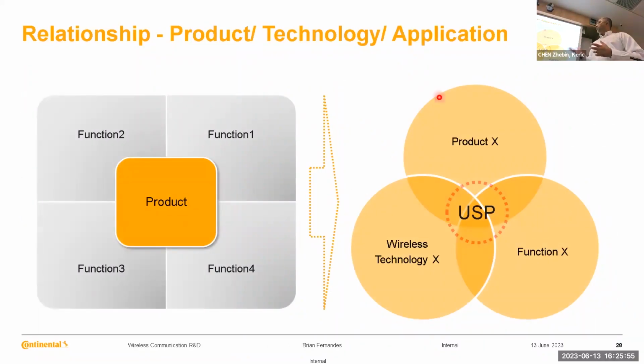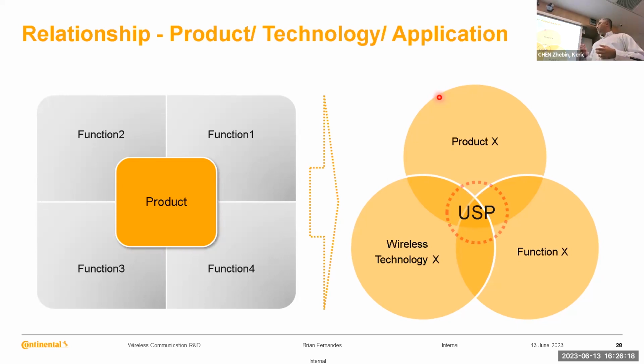So it's important, before we go into the constraints, to understand that you can have multiple functions in a product, and each product can have a lot of different functions. But the really unique selling point that we want to provide would be at the intersection of what is a product, what is a function, and what is a technology used to implement this function in that product.